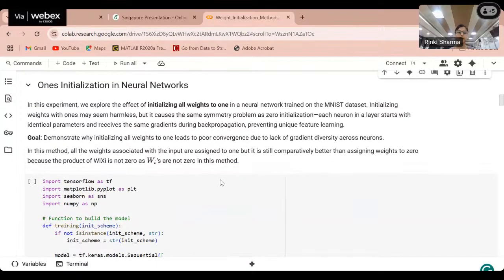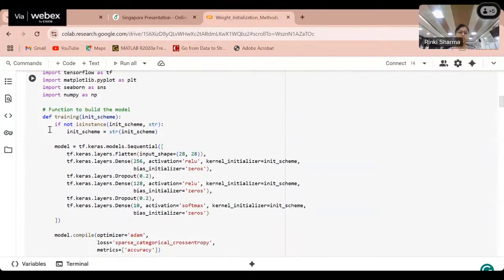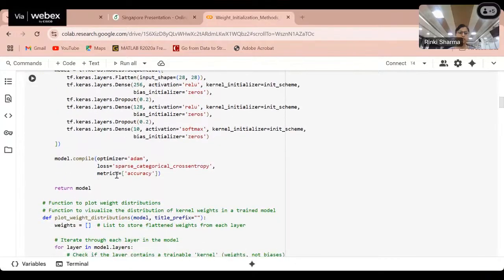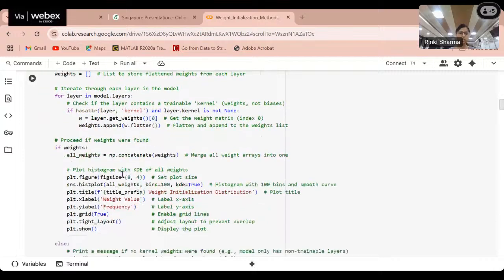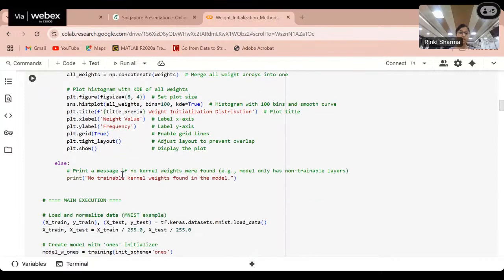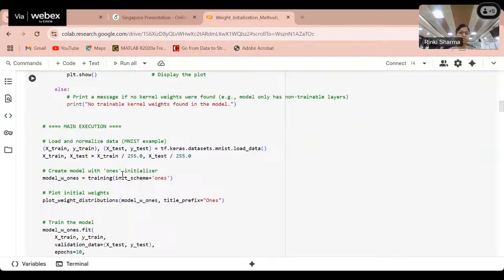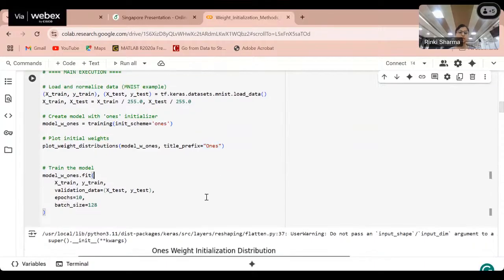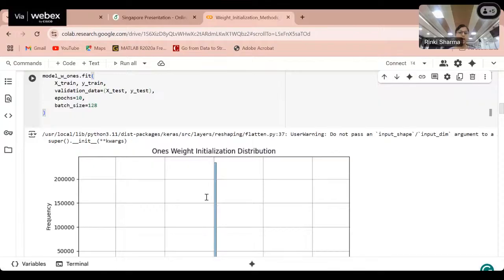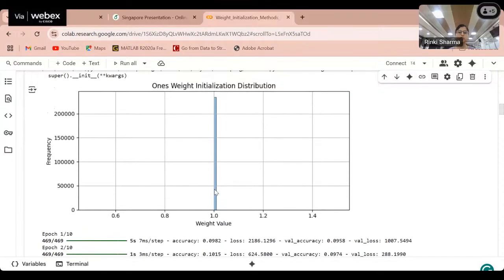So all weight matrices will take the 1 entries only. These things are the same here. It will take the initialization scheme and return a model, and it will plot the weight distribution. This is the same as previous, and the only change is the initialization scheme as ones, and here the title prefix as ones. So it will take the ones initialization, and how will the distribution look?